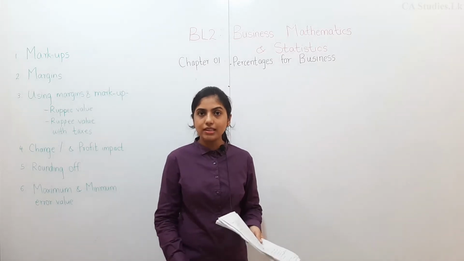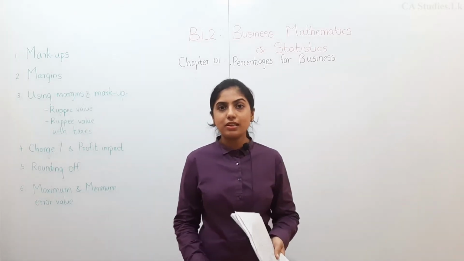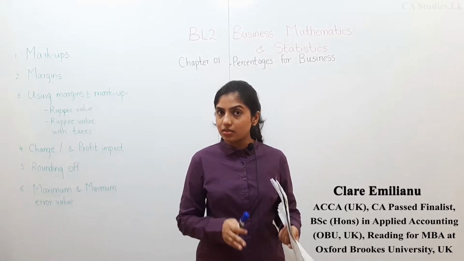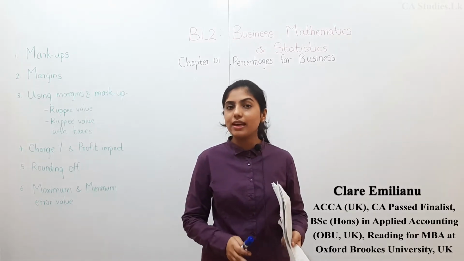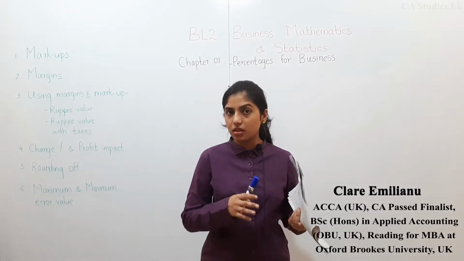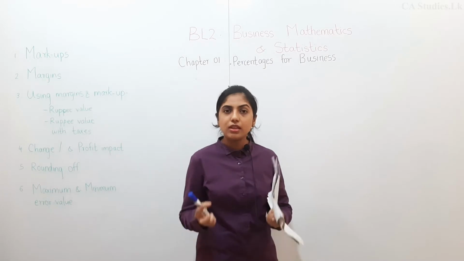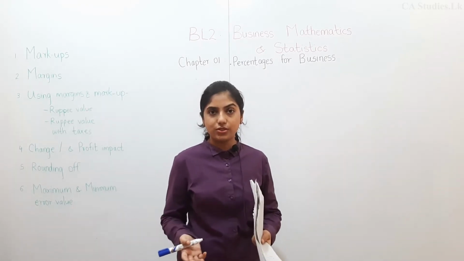Now let's look at how to identify the percentage change when a particular value has changed from an old value to a new value. How to find a percentage change?